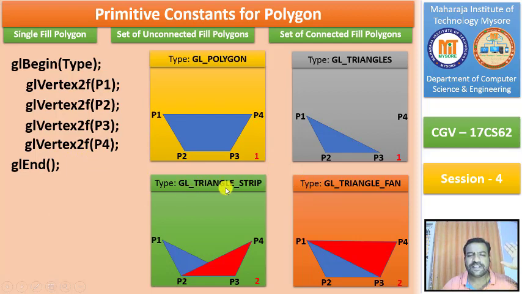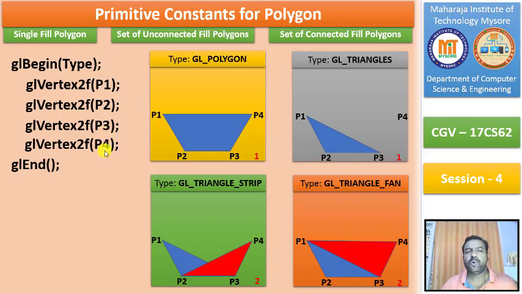If you look at GL_TRIANGLE_STRIP, the first triangle was between P1, P2, P3 and back to P1. The second triangle will start from P2, P3, P4. That means it uses the previous 2 vertices from the previous set and adds one more new vertex.